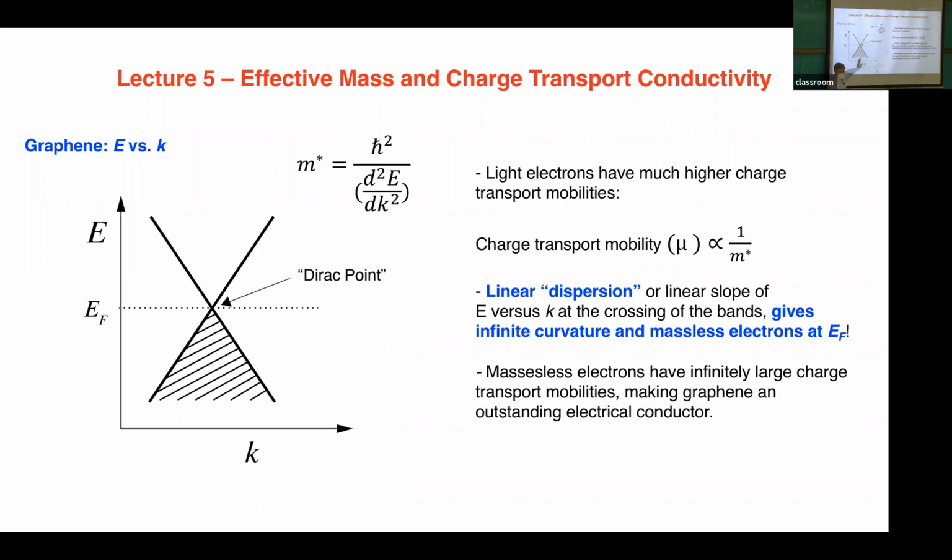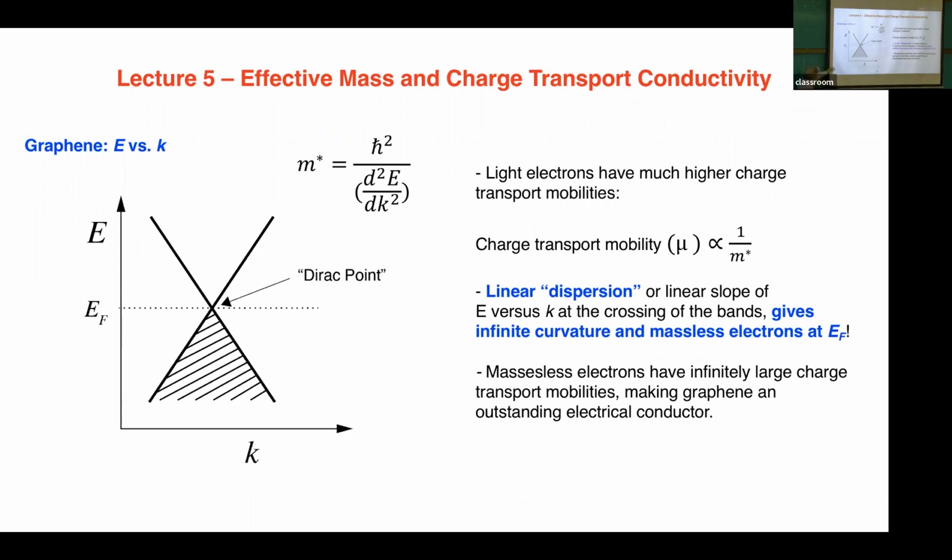This is the K point in that Wigner-Seitz diagram we were looking at before. And if you think about this point right here, these two lines are approximately straight at that position, and where they cross, the curvature going from this line to that line is basically infinite. So the curvature is very, very high, exactly at that point.